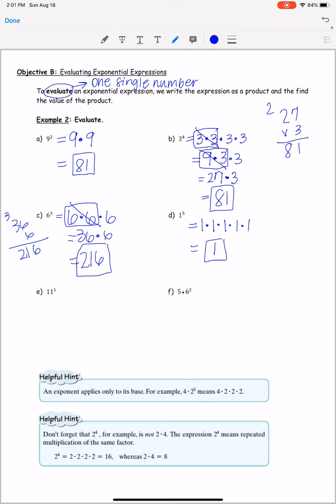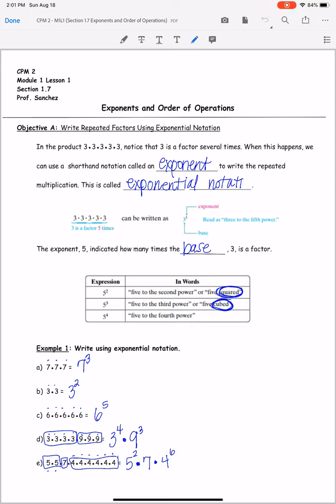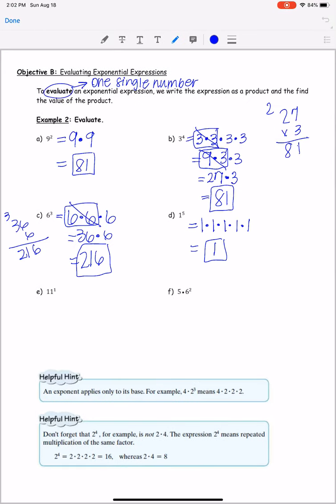On E, you got 11 to the 1st power. That's kind of like what we were doing on this portion right here, right? We said that we could have done that as 7 to the first, that's the same thing as just 7. So same thing here. If you have 11, that's your base. How many times is your base repeating?